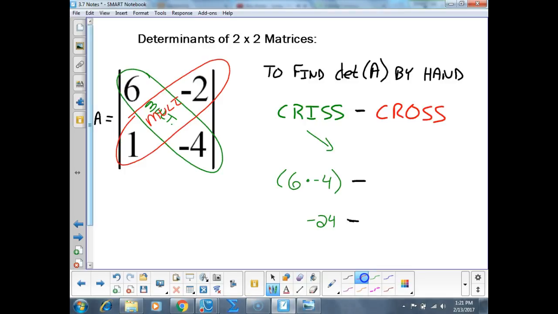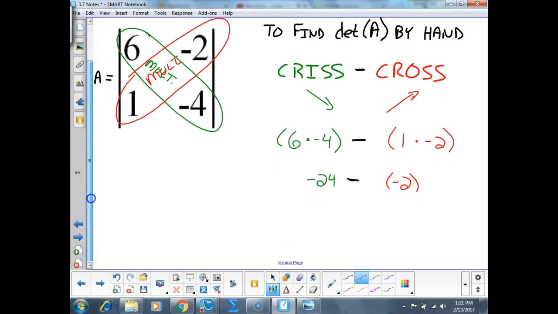So that's going to be 1 times negative 2. So cross goes that way. So negative 24 minus negative 2 is? No. Negative 22.